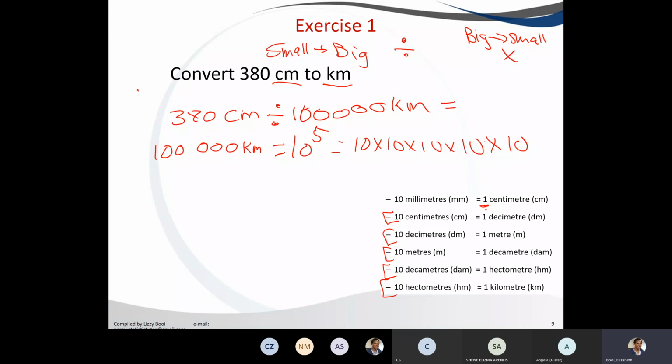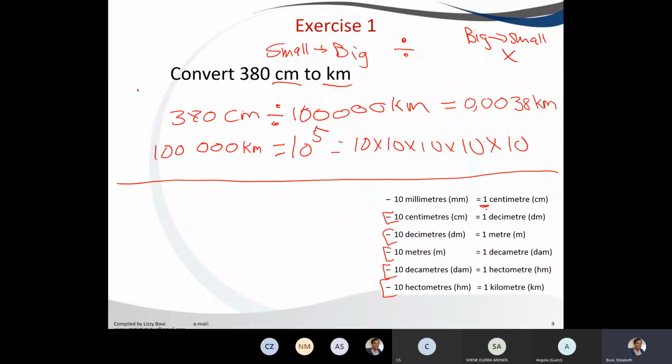So we say it's 380 centimeters divided by 100,000, and your answer would be 0,0038 kilometers. That's one way of doing it.